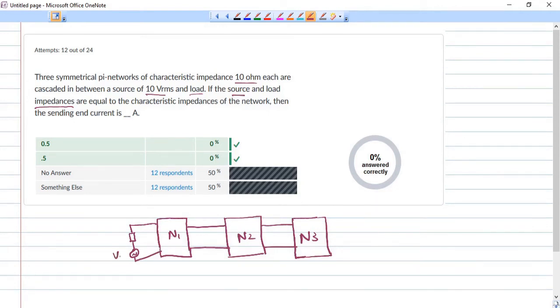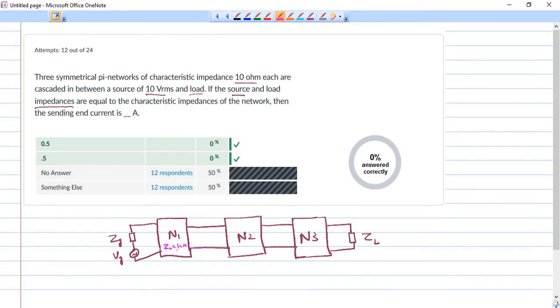Let Vg be the voltage and Zg be the source impedance, and the load ZL. The symmetrical pi networks are having characteristic impedances of 10 ohm each, so Z0 is equal to 10 ohm.